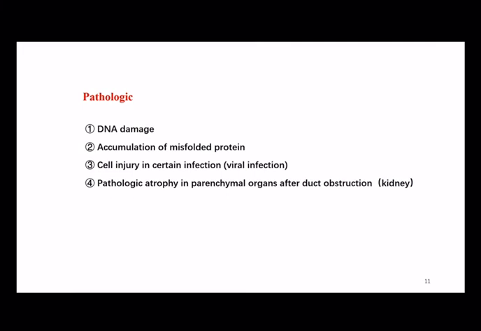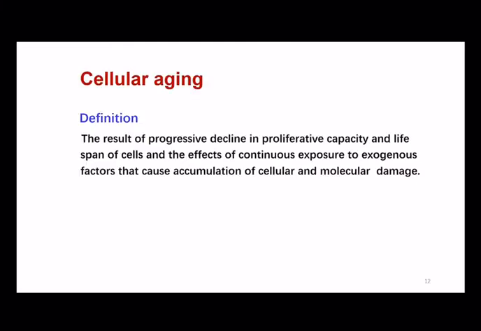The third, cell injury in certain infections, particularly virus infection. The fourth, pathologic atrophy in parenchymal organs after duct obstruction, such as occurs in the kidney. Cellular aging. This part is for self-study.